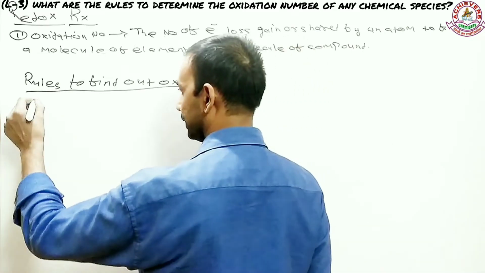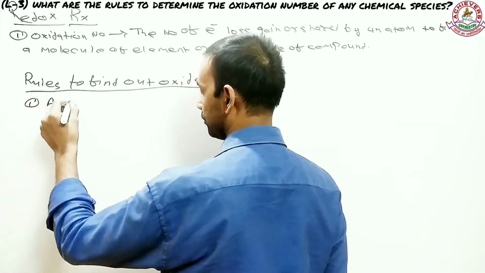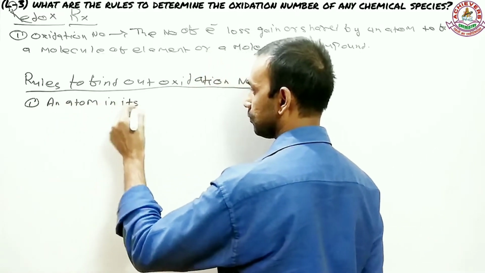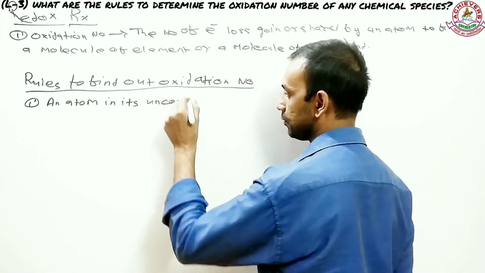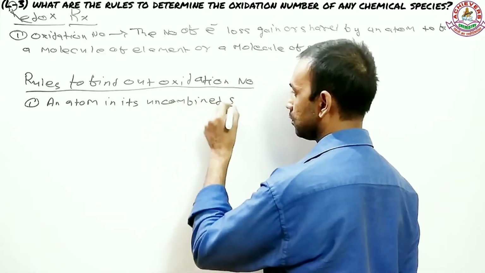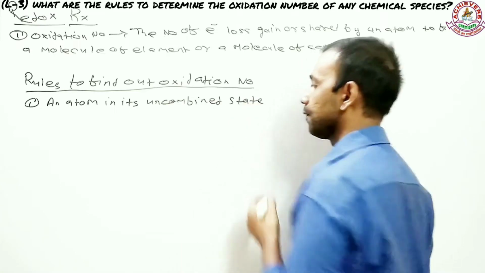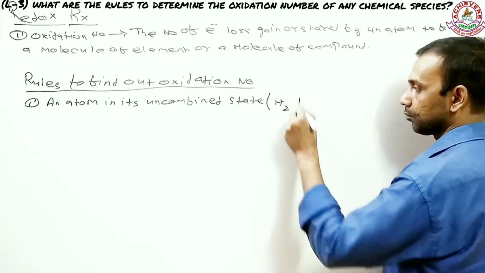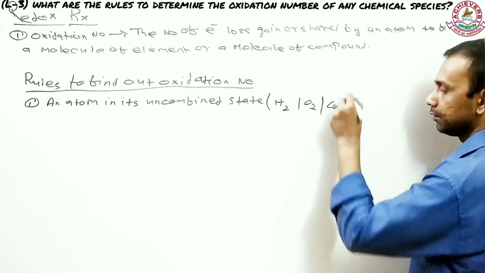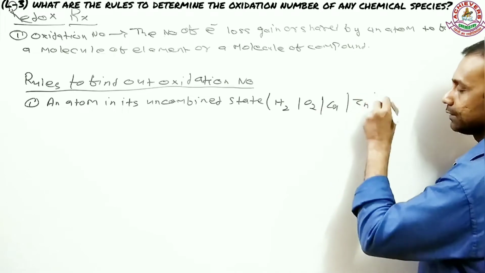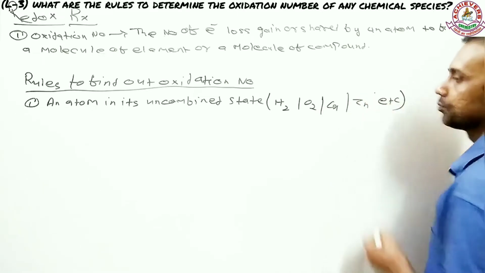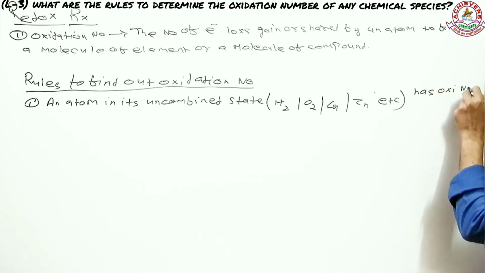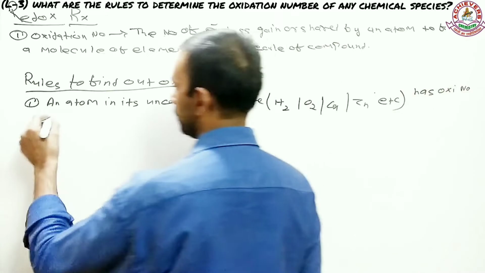The one basic important thing is that an atom in its uncombined state, like hydrogen molecule, oxygen molecule, copper, zinc, etc., has oxidation number 0.